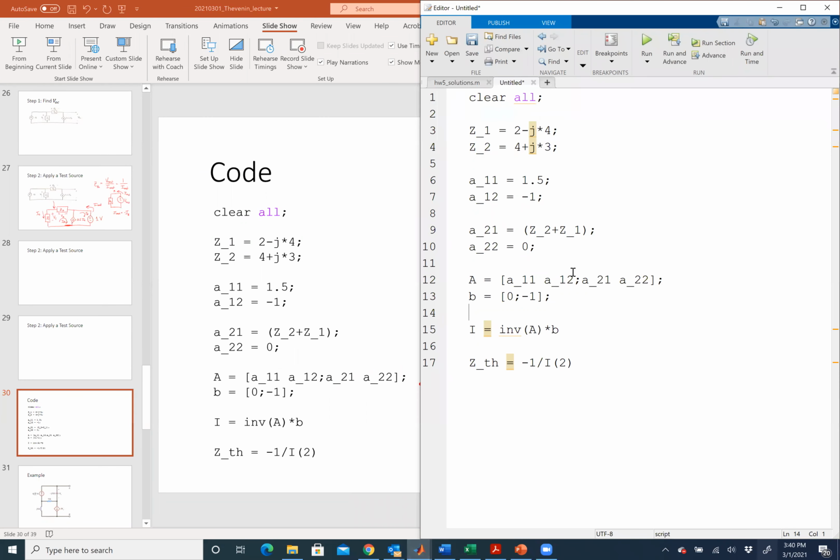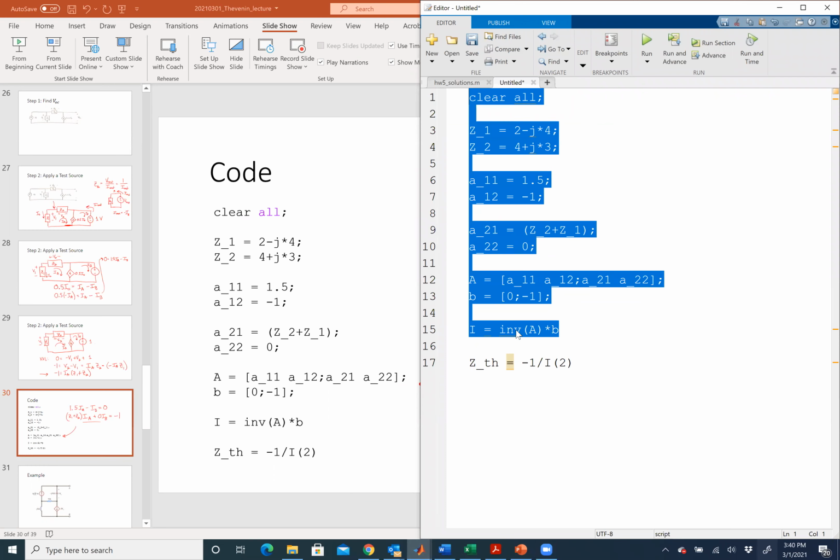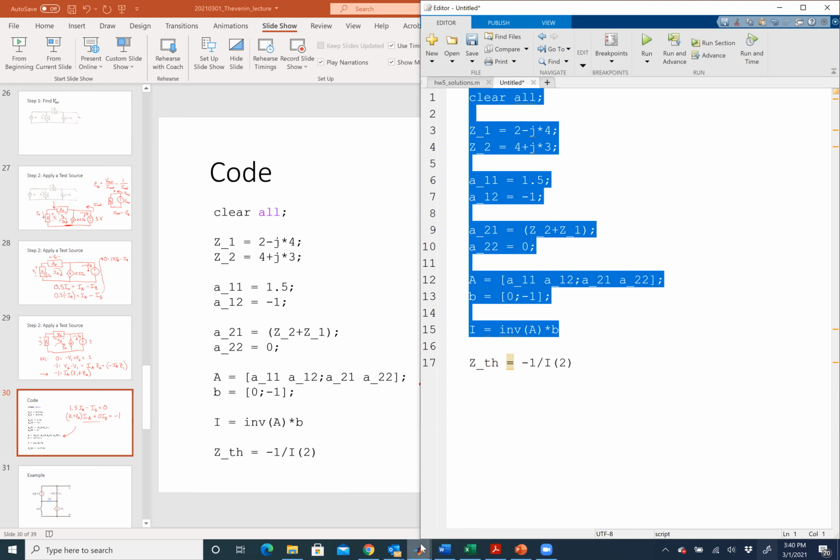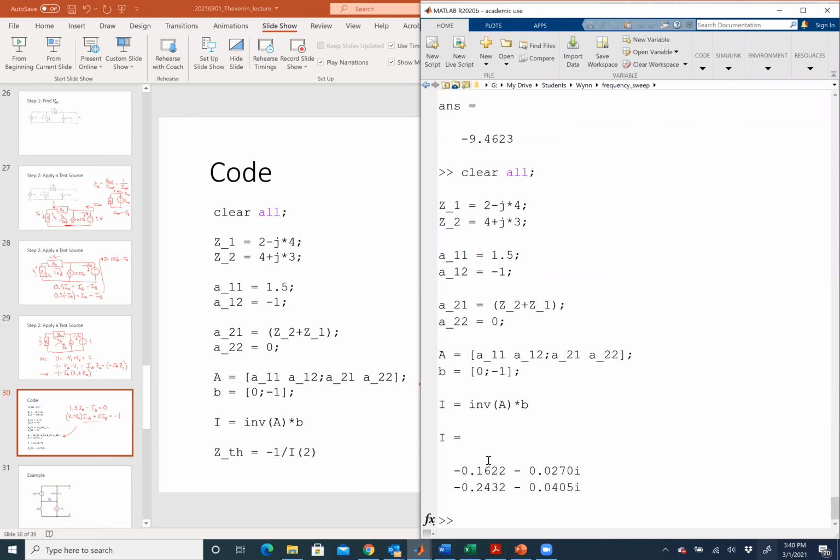All right, here's that code. So when I run this, I is basically going to have 2 elements in it. So if I run this thing, there's my 2 currents. IA is the top one, IB is the bottom one.